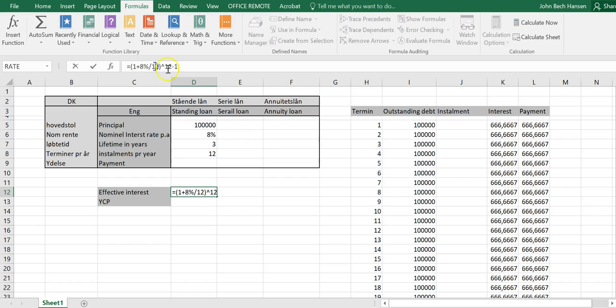I could also say, if it was quarterly, the 8% would have to be divided by 4, and then I would multiply by 1 plus the interest rate 4 times, and then it would be a little less.